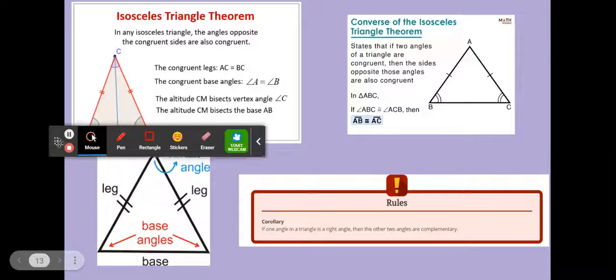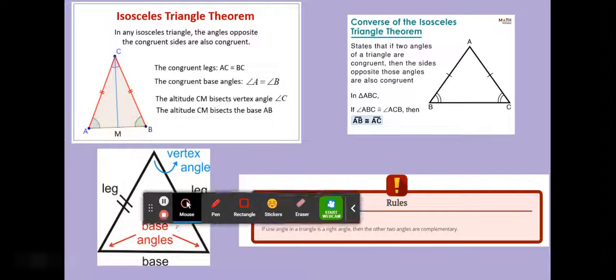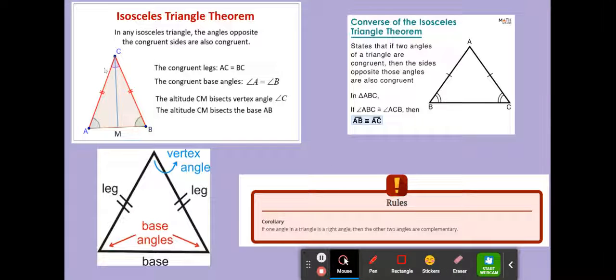13 gave you some information about the isosceles triangle theorems. Remember that if the sides are congruent, then the opposite angles must also be congruent. The converse applies. If you know two angles are congruent, then the opposite sides must be congruent, proving it's an isosceles triangle. Remember, we do call the angles at the bottom the base angles.